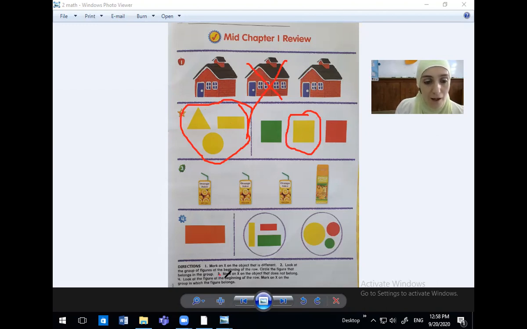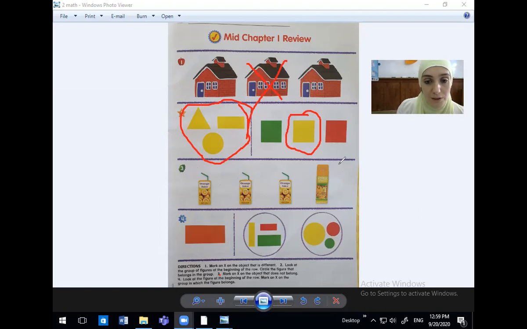Okay, then number 3, this line, number 3. Mark an X on the object that does not belong. It means that an object that is different, that is out of this group, shouldn't be in all this group. So how do you think? Which object, and the most important, why it is not in the group?